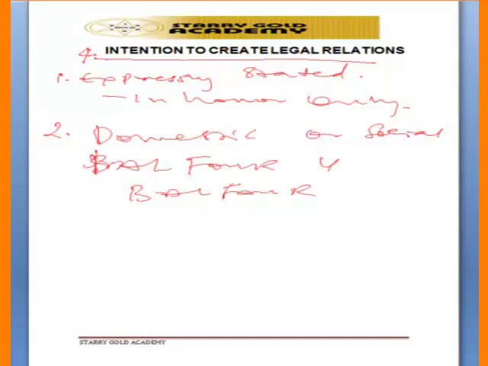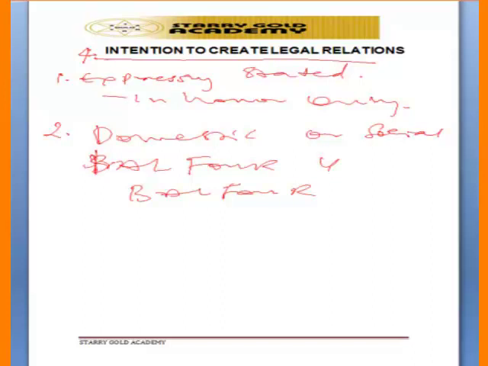Maybe the husband promises to give his wife a certain thing, and he does not do it. If the wife sues the husband in court, the court will not enforce the contract because it is a family contract, a domestic issue. So the court will assume that the parties do not want to enter into a legal relation, and the court will not enforce it.